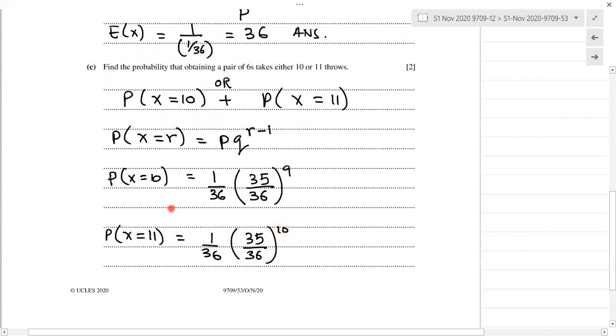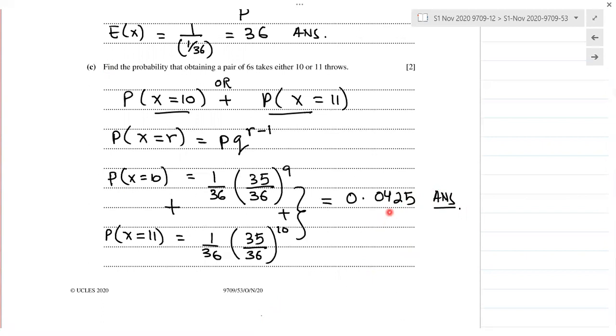Now we just add the two up, 10 plus 11. Whatever we get for these two, we will be getting 0.0425 to 3 significant figures as our answer. And that's the complete question.